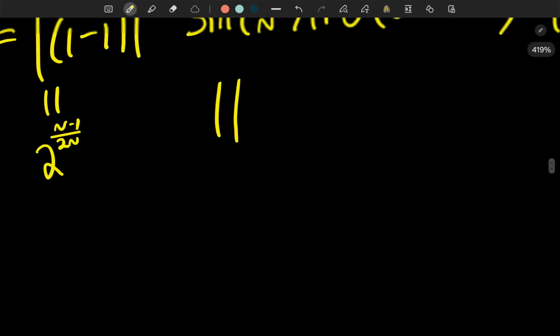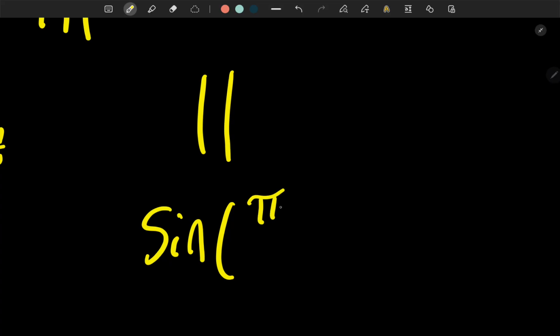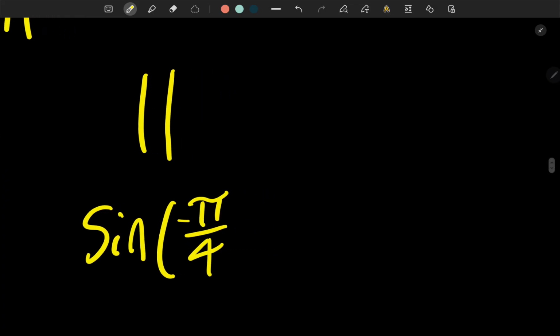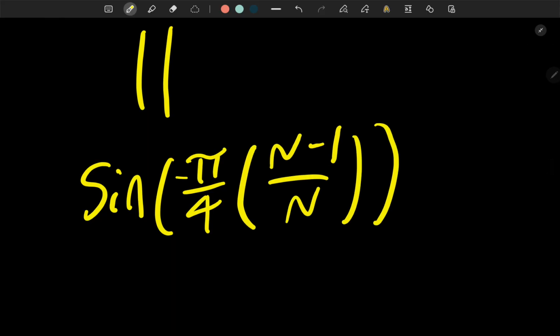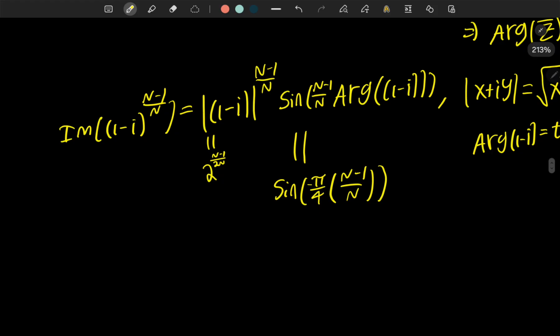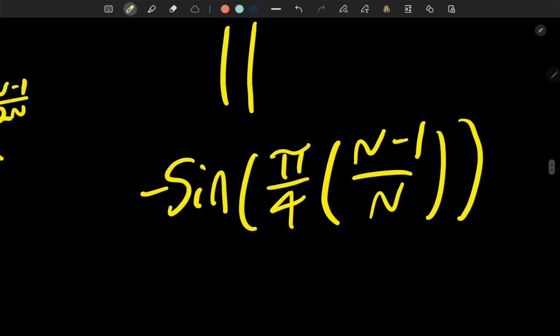So this would be sine of what? Well, I guess that'd be negative pi over 4 times n minus 1 over n. And we know that sine's an odd function, so we can just bring this out.